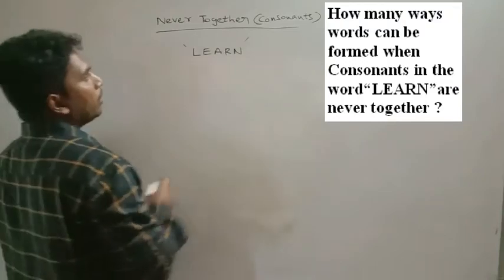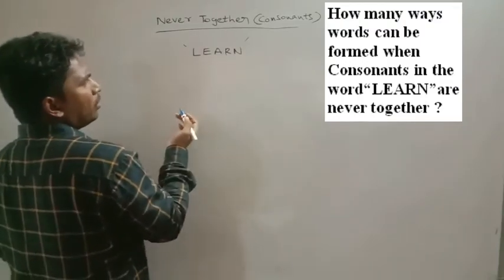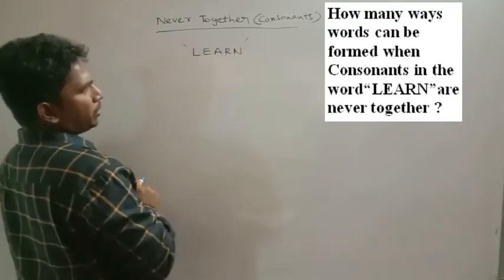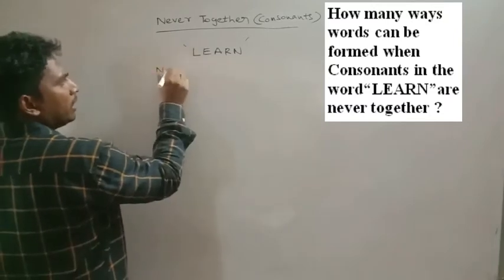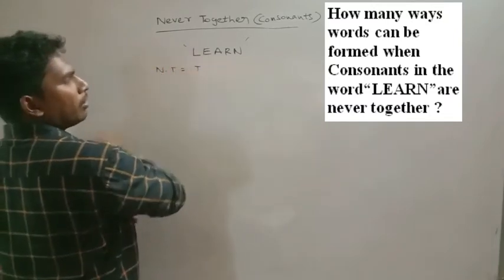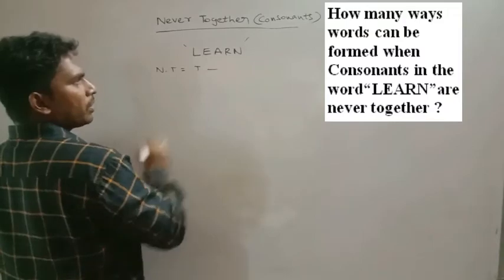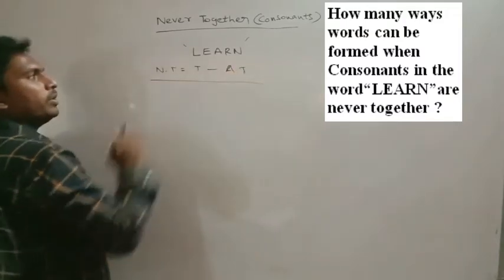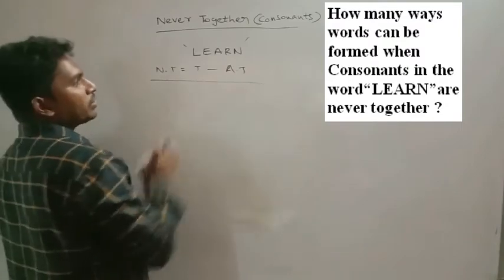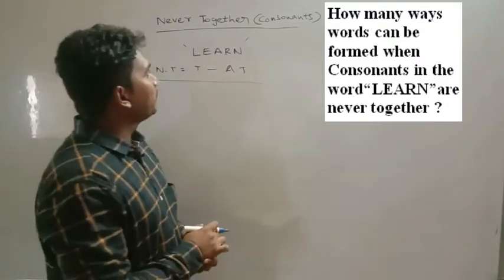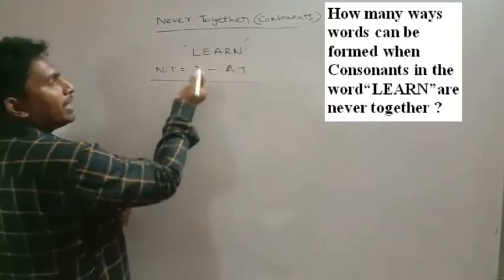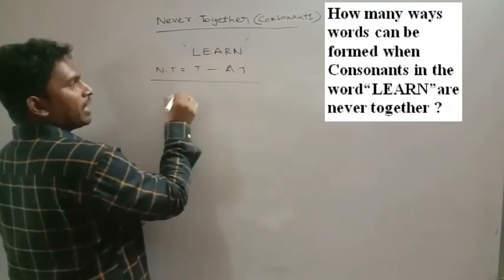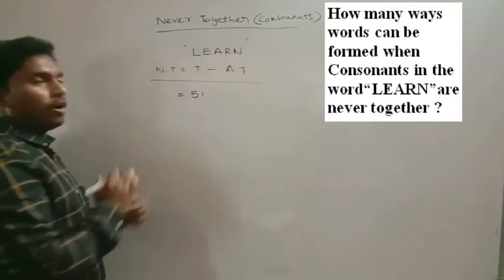So you just have to follow the same approach. Never together is equal to total number of ways minus always together, right? So what is the total number of ways? That is 5 factorial, as we know already.